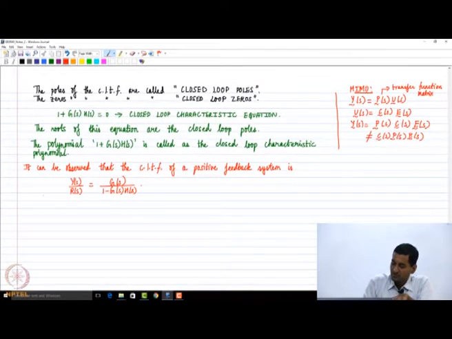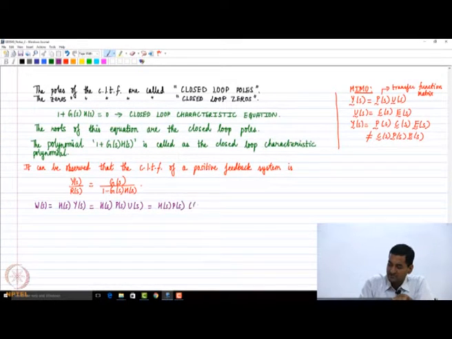So what is w of s? W of s is going to be h of s times y of s. Y of s is going to be equal to p of s times u of s, and u of s is going to be equal to c of s times e of s.